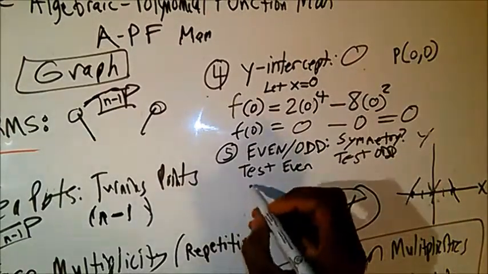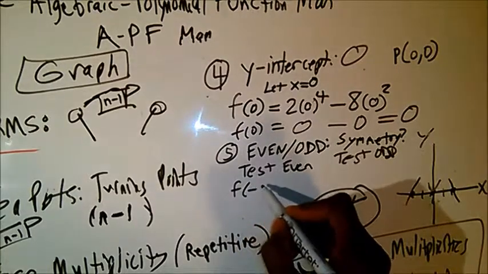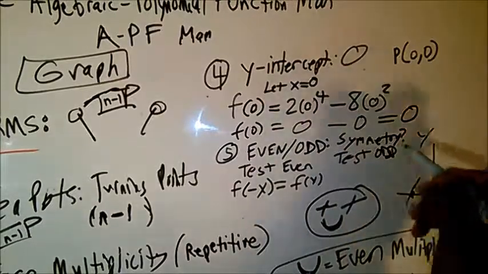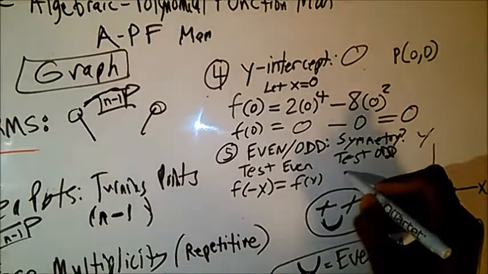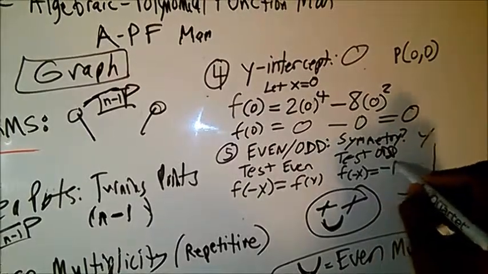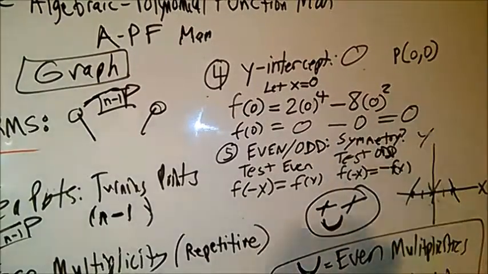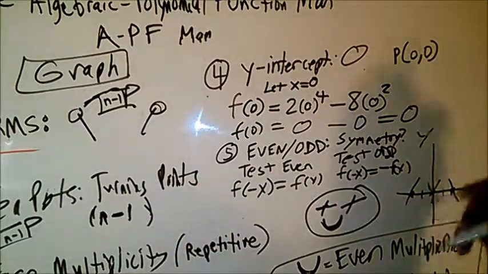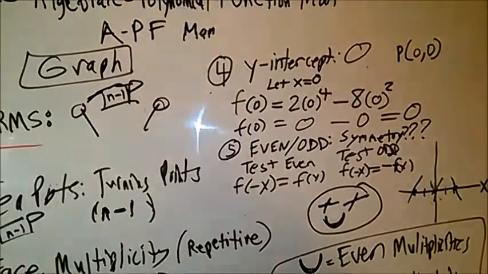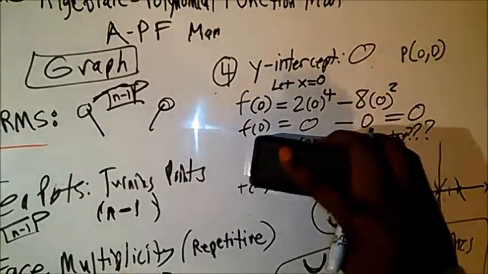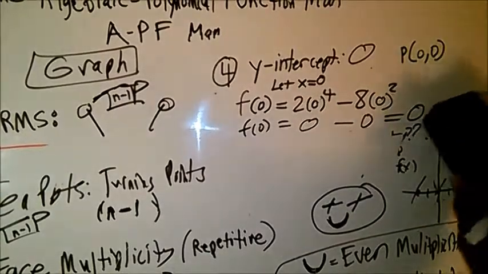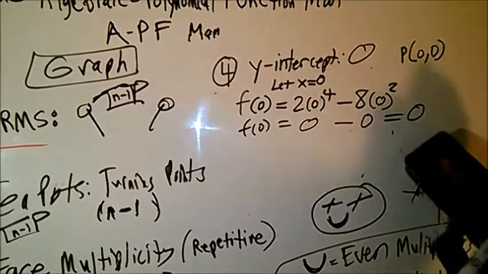You just basically find out if f of negative x is equal to f of x. And when you're testing for odd, you're going to find out if f of negative x is equal to negative f of x. So that's something extra you can do to find out if there's any symmetry. But we're not going to do that now. We're just going to use these 4 steps to graph our function.